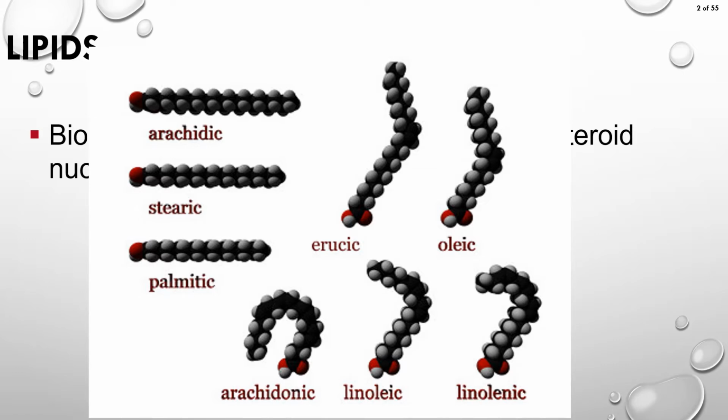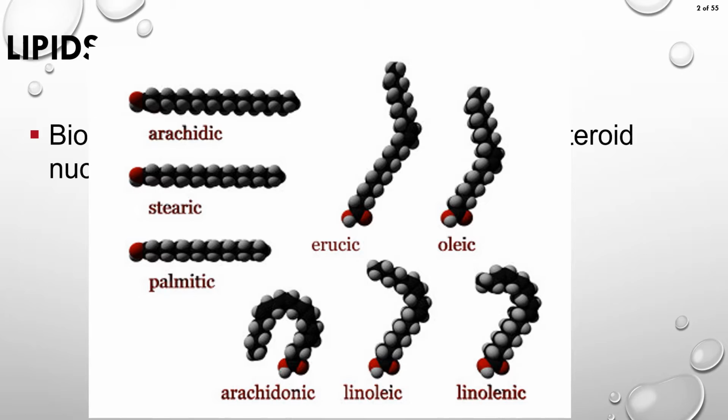And then on your right are bent fatty acids. Bend or bent molecules. So oleic, arachidonic, and so on. You will know later why they are bent.